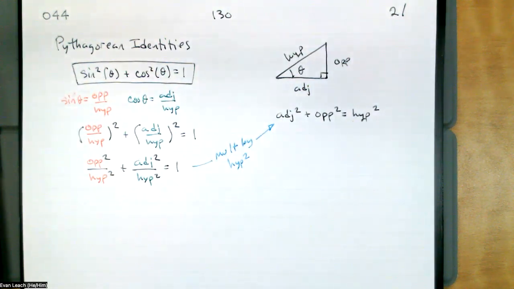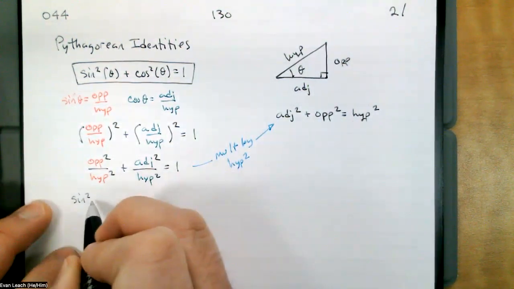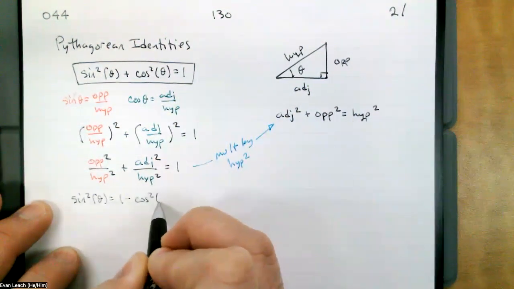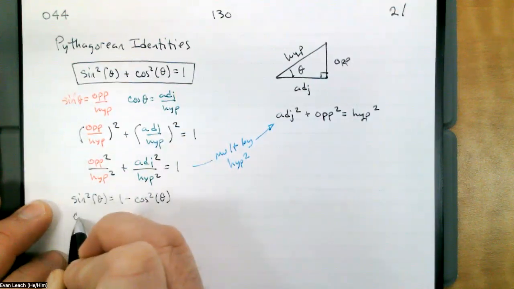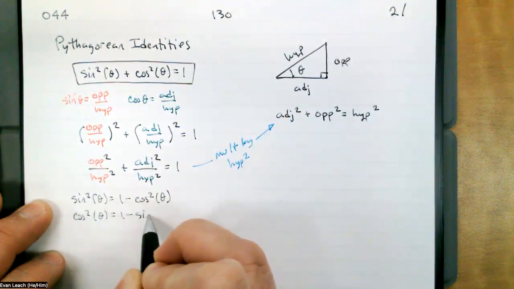A lot of times we want to see these solved for sine or solved for cosine. So two immediate variations that come to mind are that sine squared theta is 1 minus cosine squared theta, or cosine squared theta is 1 minus sine squared theta.